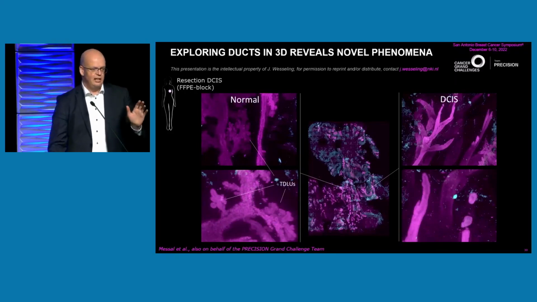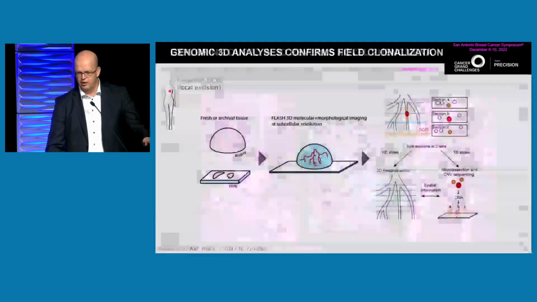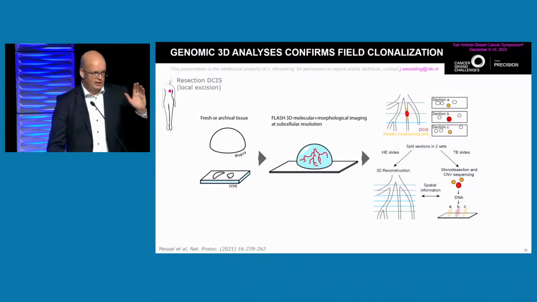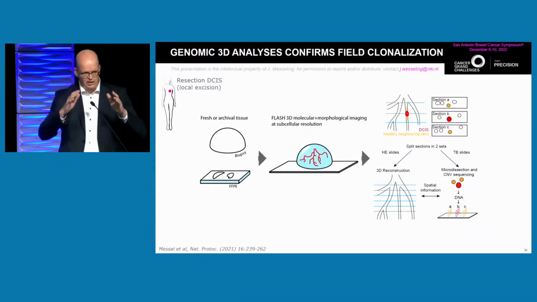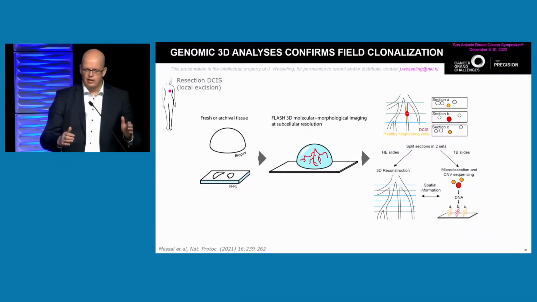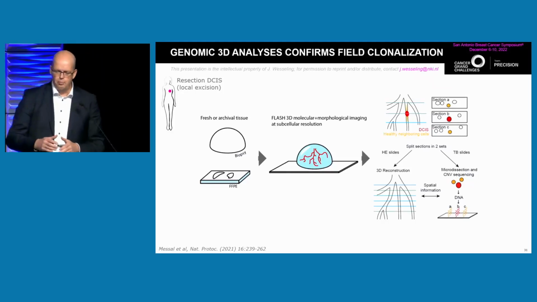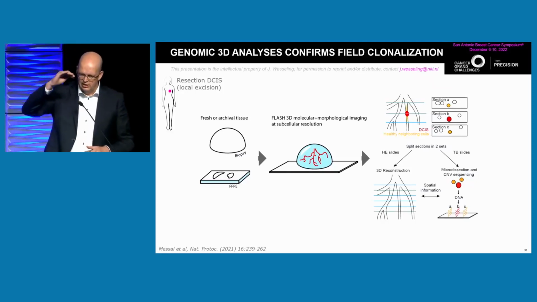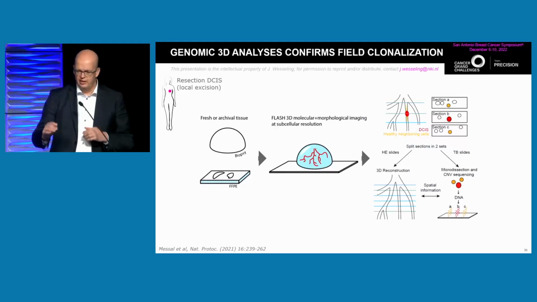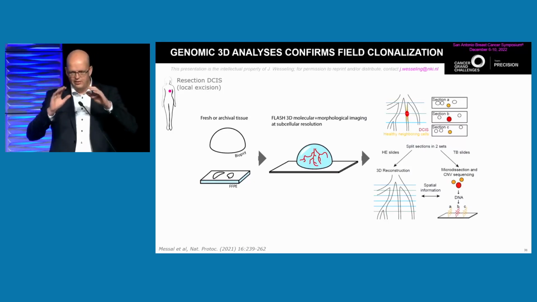What it means, I have no clue, but it might be that it also relates to both genomic predisposition and the field effect. Can we then sequence the DCIS and the adjacent normal-looking ducts? For this, the Flash 3D technology was applied, where you can sequence in 3D, so to speak, the DCIS lesion in red and the adjacent normal-looking ducts.